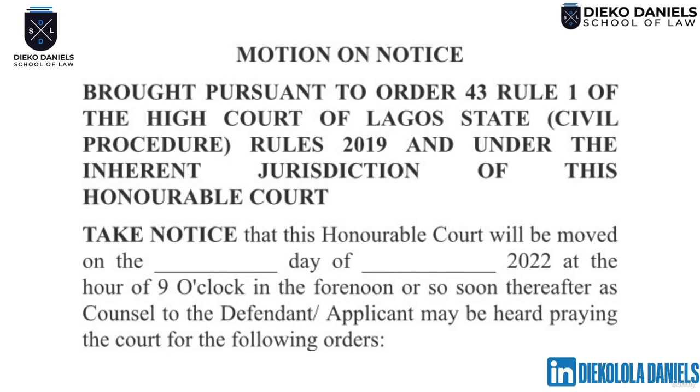Because for motion on notice and motion ex parte, you usually bring it pursuant to the orders of the rules of court. Notice of preliminary objection, you can bring it pursuant to any other rule and even the Constitution. But motion on notice and motion ex parte are usually brought pursuant to orders of the rules of court, strictly speaking.